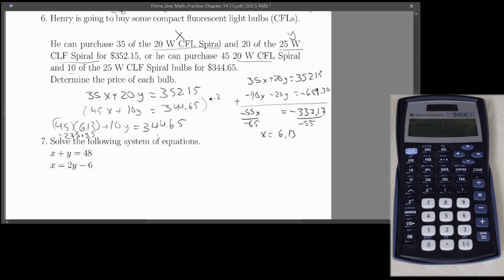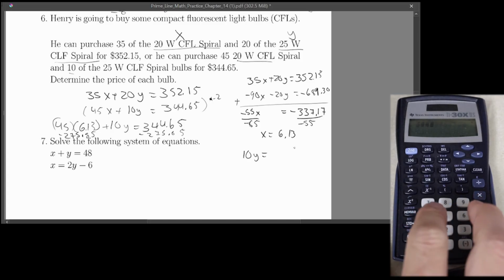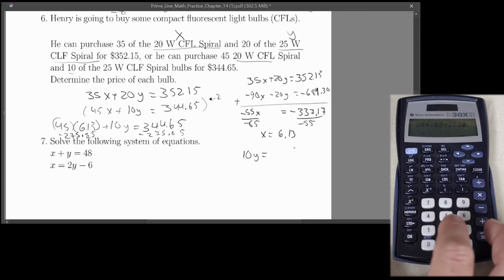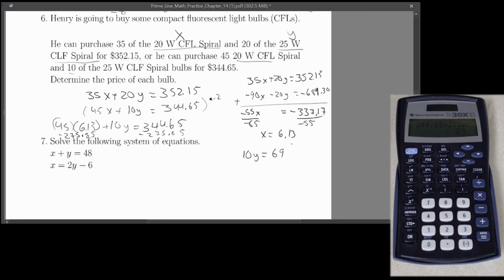So we'll subtract that from both sides, leaving us with 10y equals, subtract the 275.85, 69 divided by 10, so we get y equals $6.90.